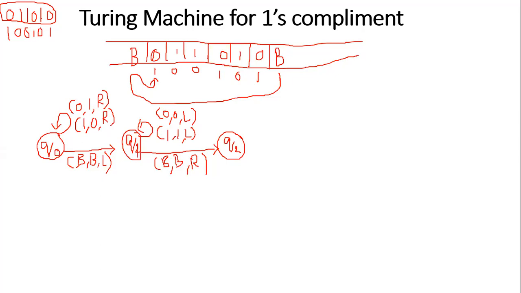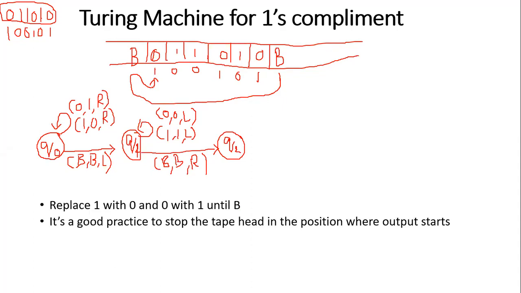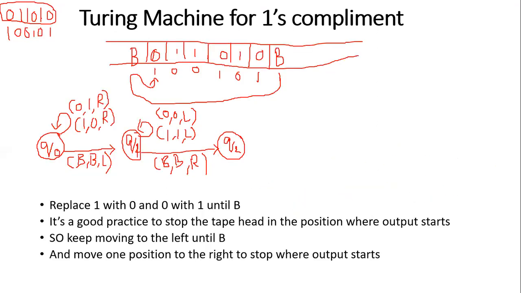But it is always good practice to end at the position where your output actually starts. So we come back and stop in the position where our output actually starts. This is the reason: once you construct and leave the Turing machine, if someone comes back, they should know from which position the output starts. So these are the steps. This is the way you are supposed to construct a Turing machine for ones complement.